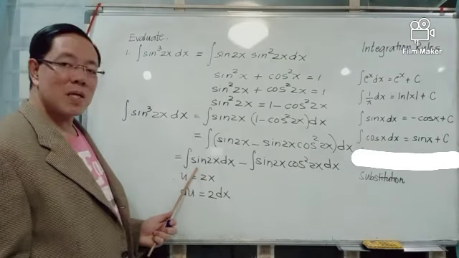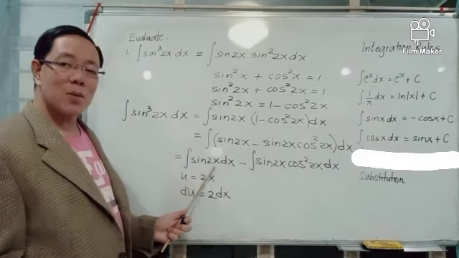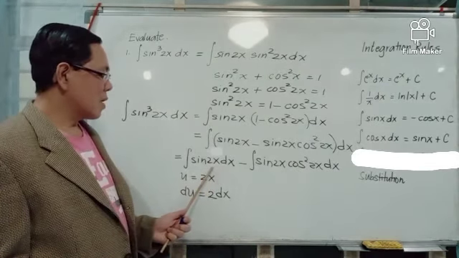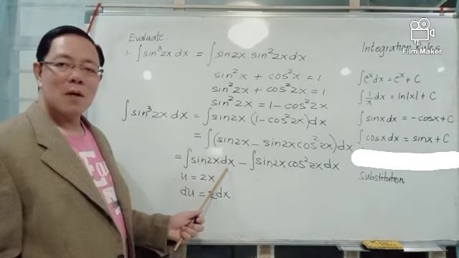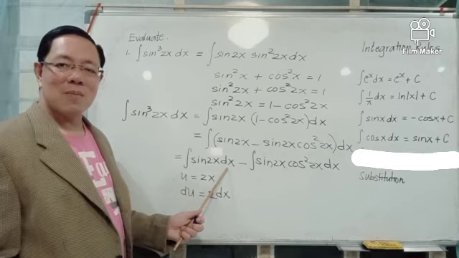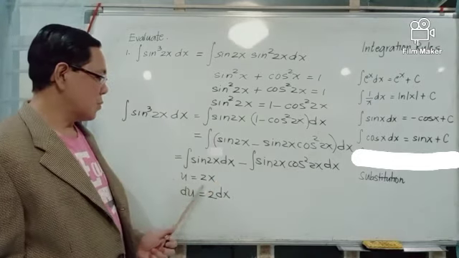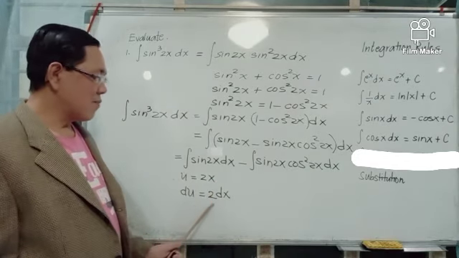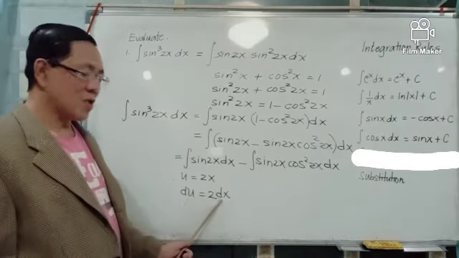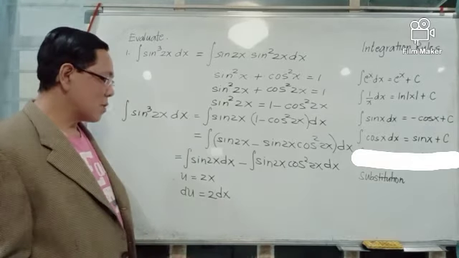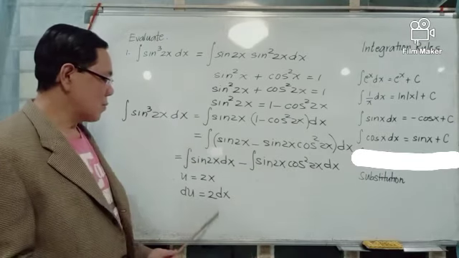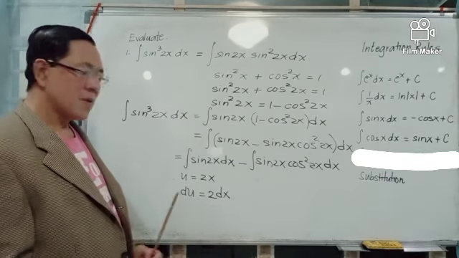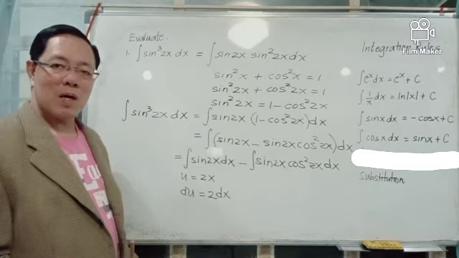In the given integral, the integral of sine 2x dx, we replace 2x with u, and we also have to change the variable of integration to u by solving for dx from this equation, dividing both sides by 2 or multiplying both sides by 1/2.